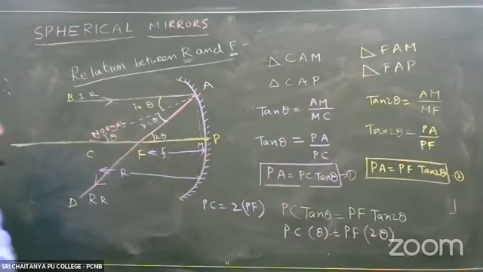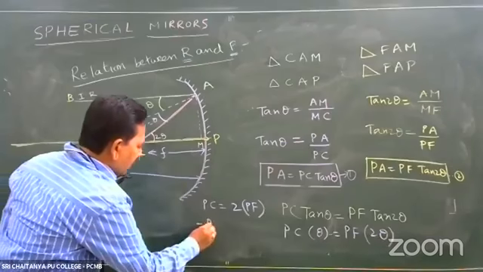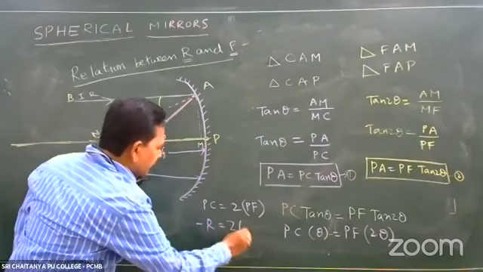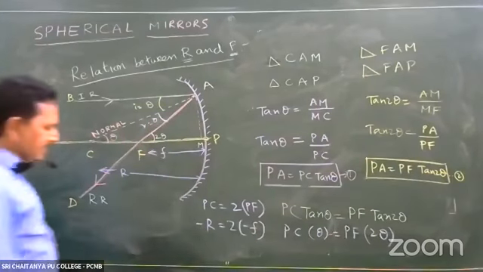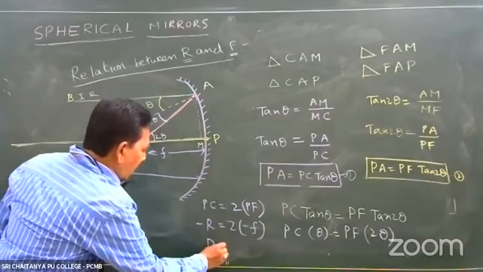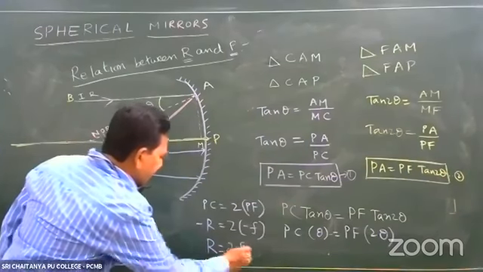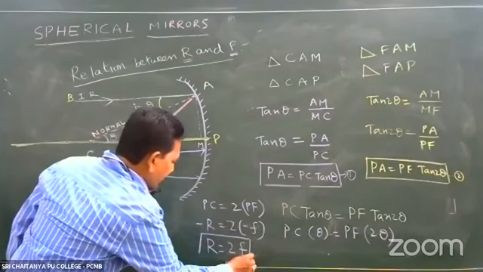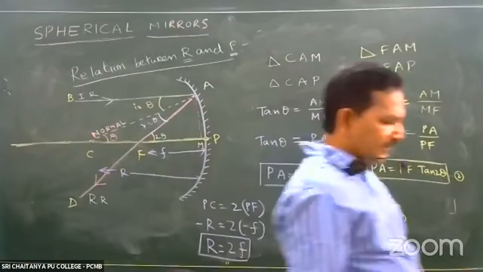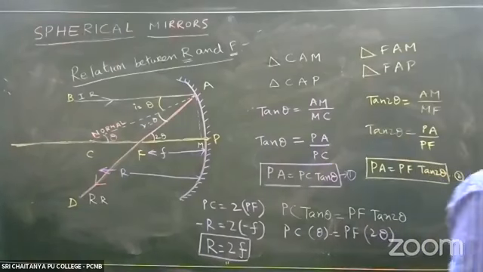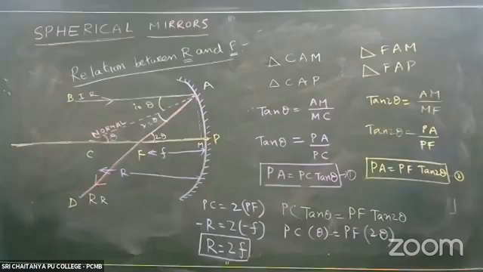So in case of a concave mirror, PC is minus R and 2 into PF is minus F. Minus cancels. Therefore, R is equal to 2F, the relation between the radius of curvature and the focal length. This is applicable for the convex mirror also.